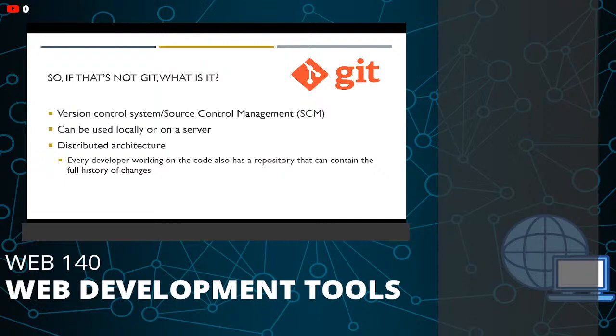So as we're developing things, we can have different versions that we work on, and we can collaborate with other people who have their own versions that they work on. So this can be used locally or on a server. And the big deal here is that it's a distributed architecture, which means that everybody who is working on the code has their own versions of that code.